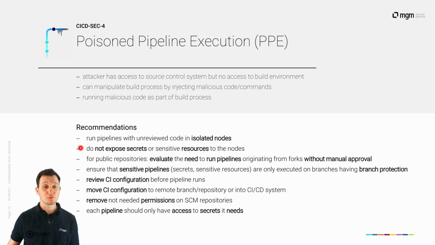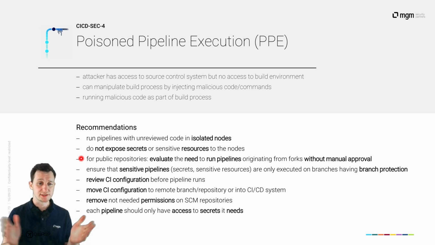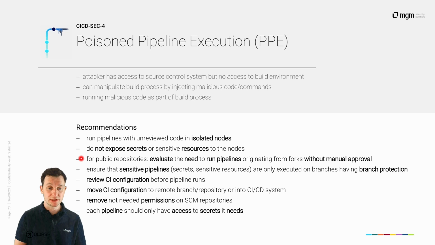For public repositories, we should really consider not running pipelines directly with unreviewed code, or just running some small subsets of tests, but only when a person who is in charge to decide whether this pull request is non-malicious then starts the real test suite. We could consider this.